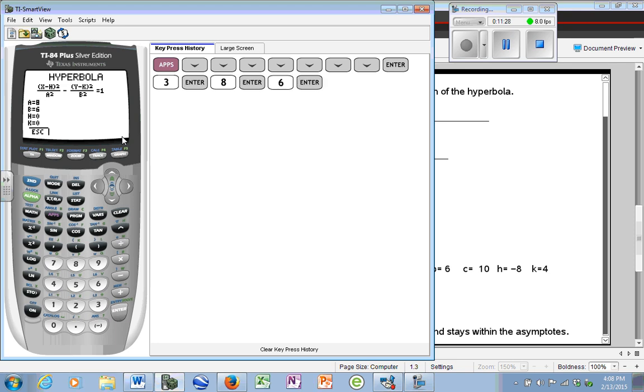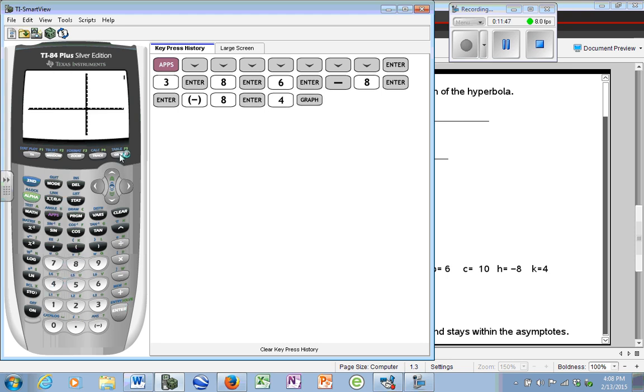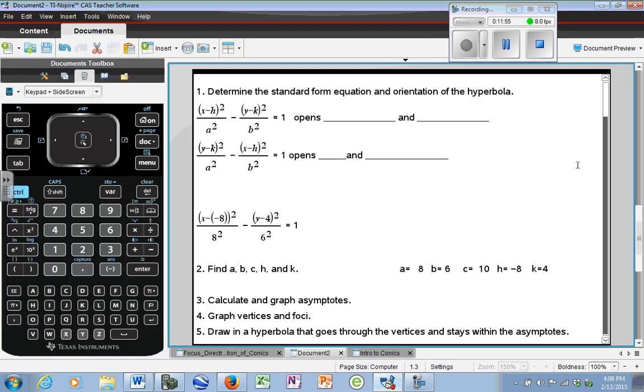H is -8. And K is 4. We hit graph. Let's see what it looks like. And it should correspond to what you've drawn on your paper. Piece of cake.